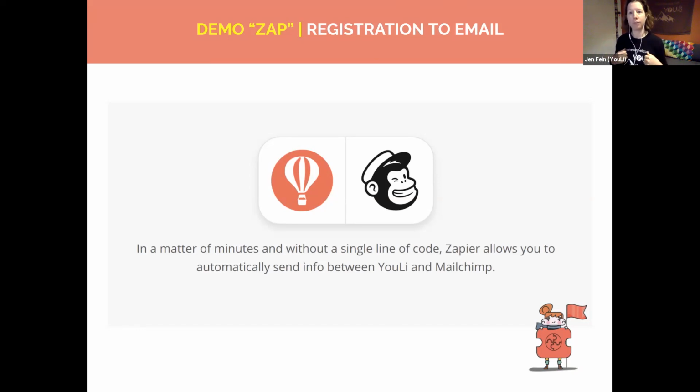If you have a question about how the data works in YouLi, what kind of data we pass through to our Zapier integration, that's a great question for us, and you can use the help in YouLi to ask it. But if you're getting some sort of weird error, like this Zap failed, or I can't turn my Zap on, things having to do with setting up the Zaps, that would be a question you would send to the Zapier team, and they would be able to help you troubleshoot that.